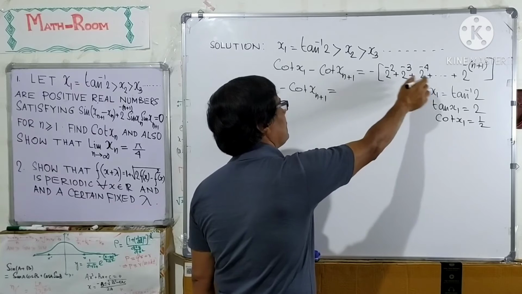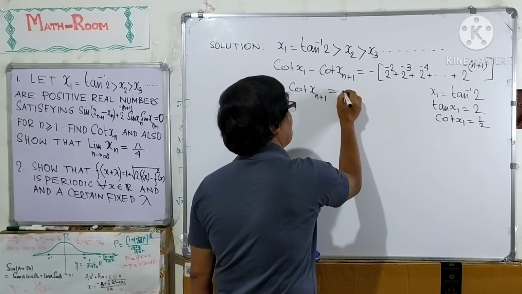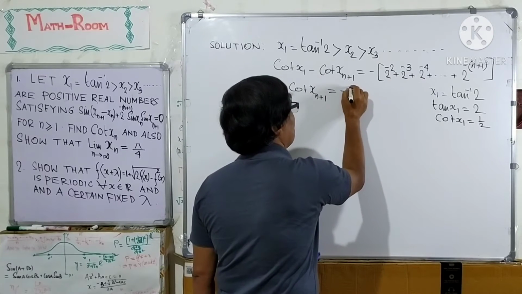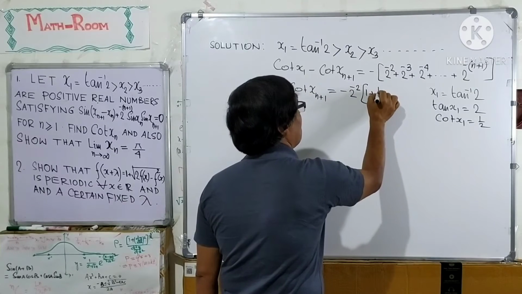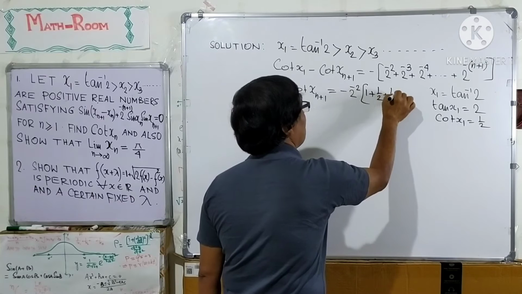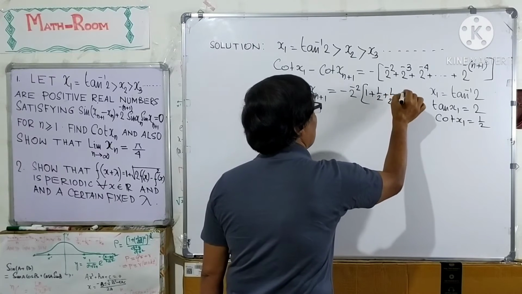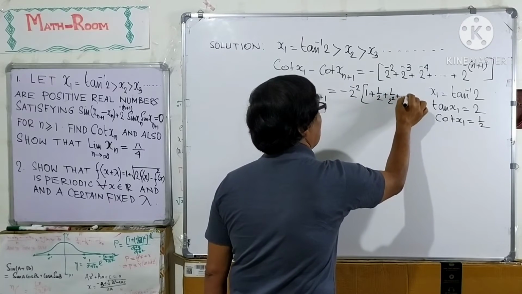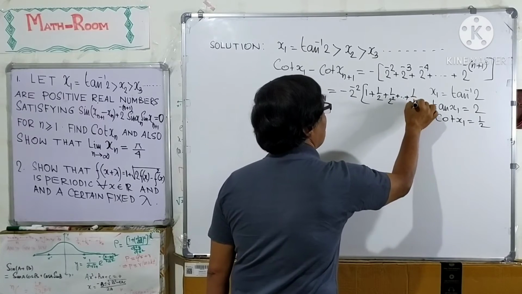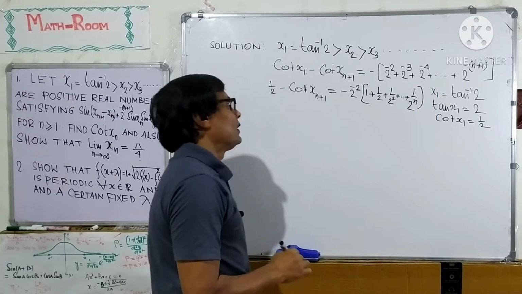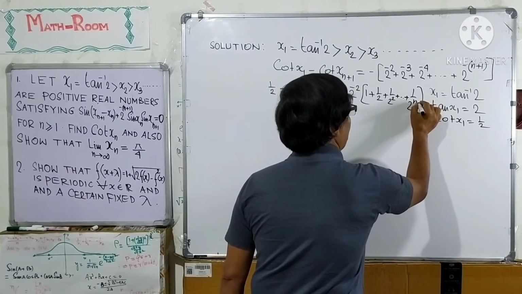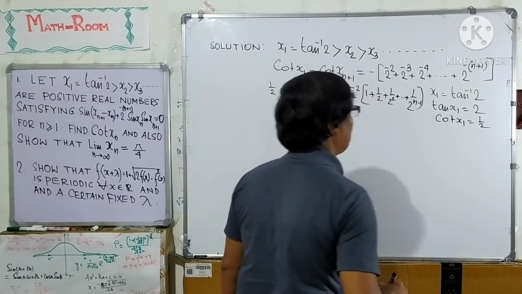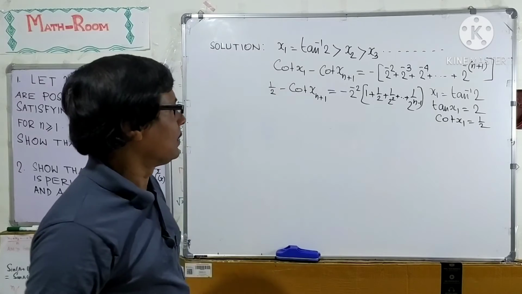Now, we can factorize this series. After factorization, we get 1 plus 1 over 2, 1 over 2 square, and so on, up to 1 over 2 to the power n minus 1.